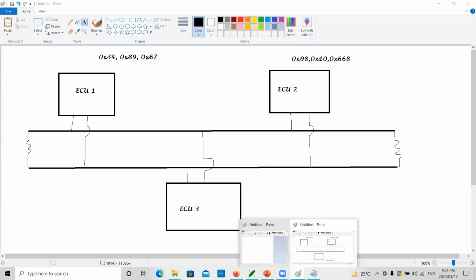The speed at which it sends out the bits is called the baud rate. That baud rate should be the same for every ECU. That's why we have more buses. Is it clear now? Yes.